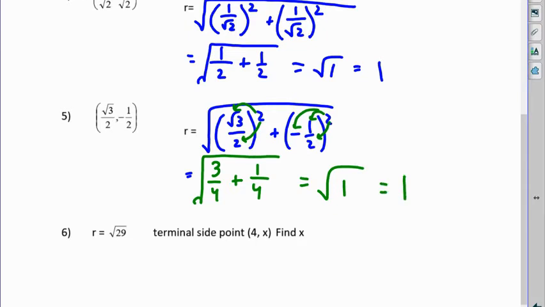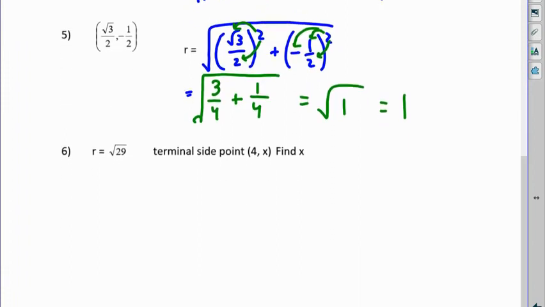I can do this same process with x's. So let's see how this goes with this one. I know that the radius is root 29, and I want to find out what the y is, which I'm using x, an unknown, for. Okay, so think of your process.